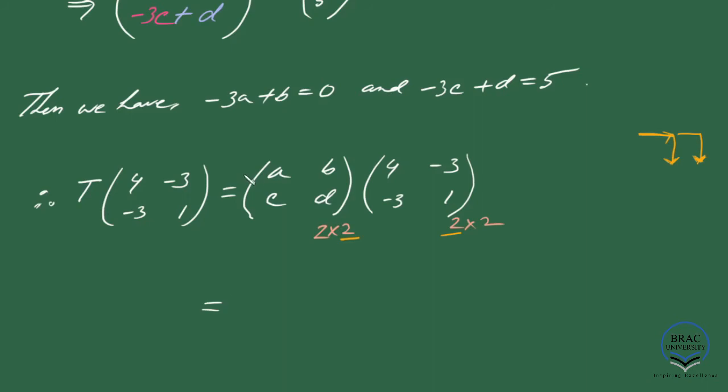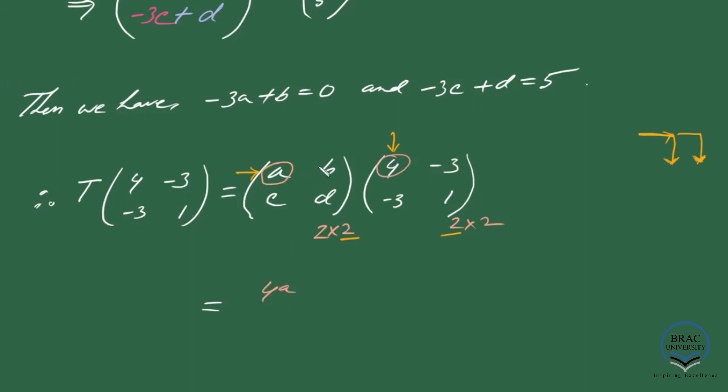So we can select a row. We're gonna select the first row and the first column from here, which is this first operation. Let's say first row, first column. I'm going to select the first entry of the first row and the first entry of the first column and multiply them. So this is going to be 4a.